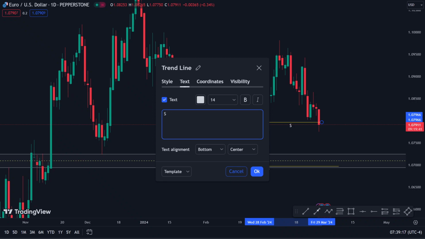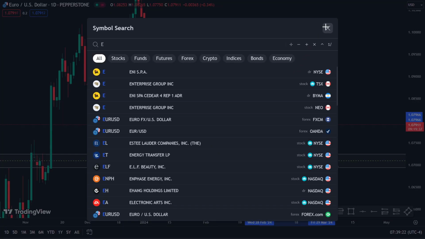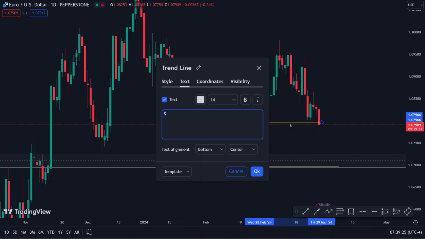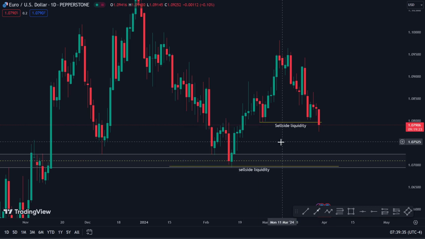That's our sell side liquidity from the daily that was taken out today.